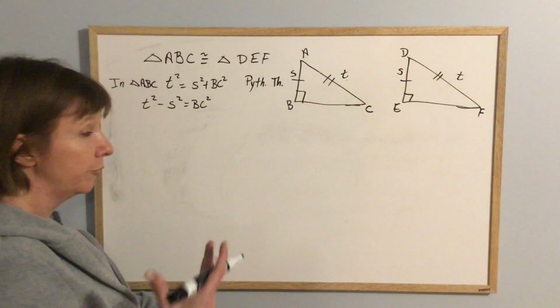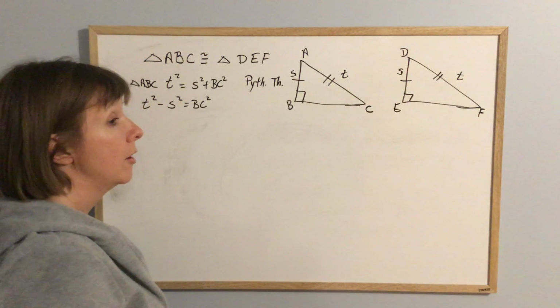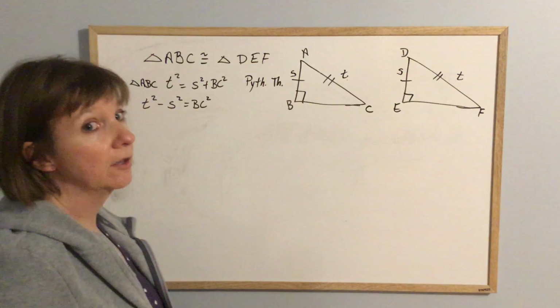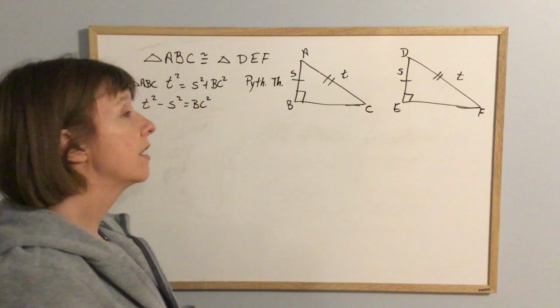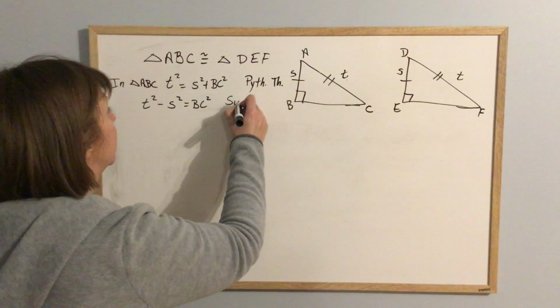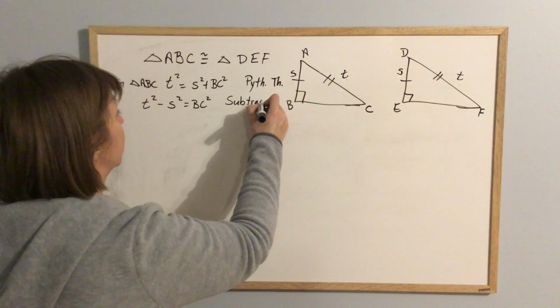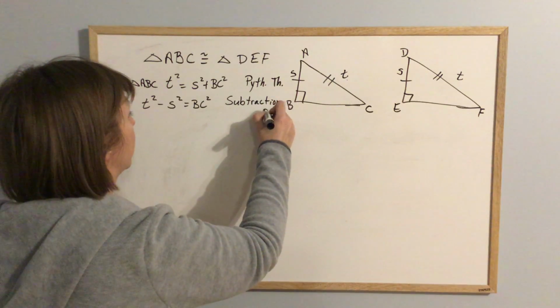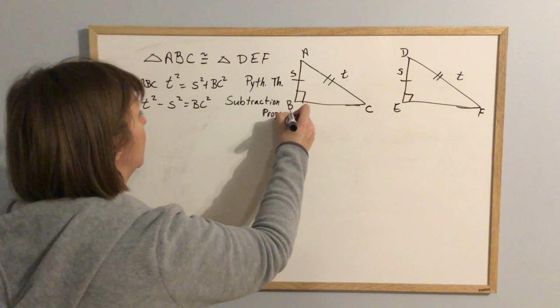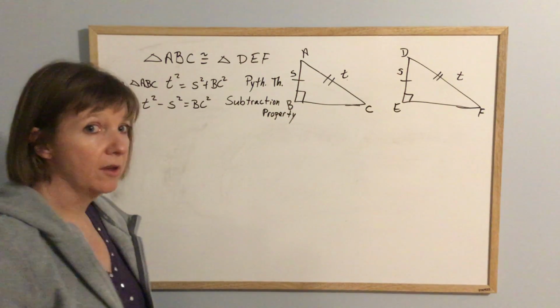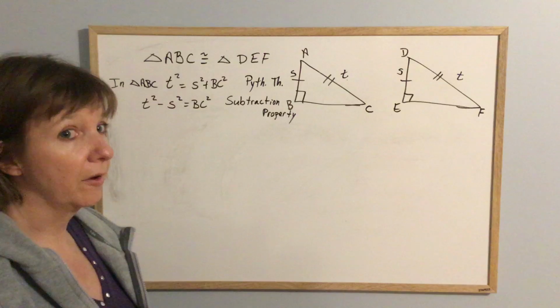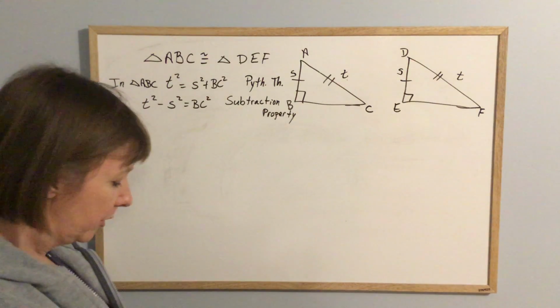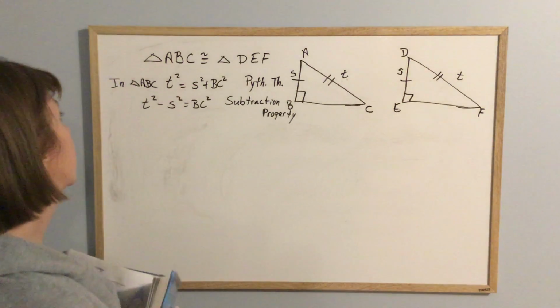So in fancy geometry terms, rather than saying I just subtracted the same thing from both sides, they call that the subtraction property, which again is just a really fancy way of saying I subtracted the same thing from both sides. It's like geometry just likes to make things sound complicated.